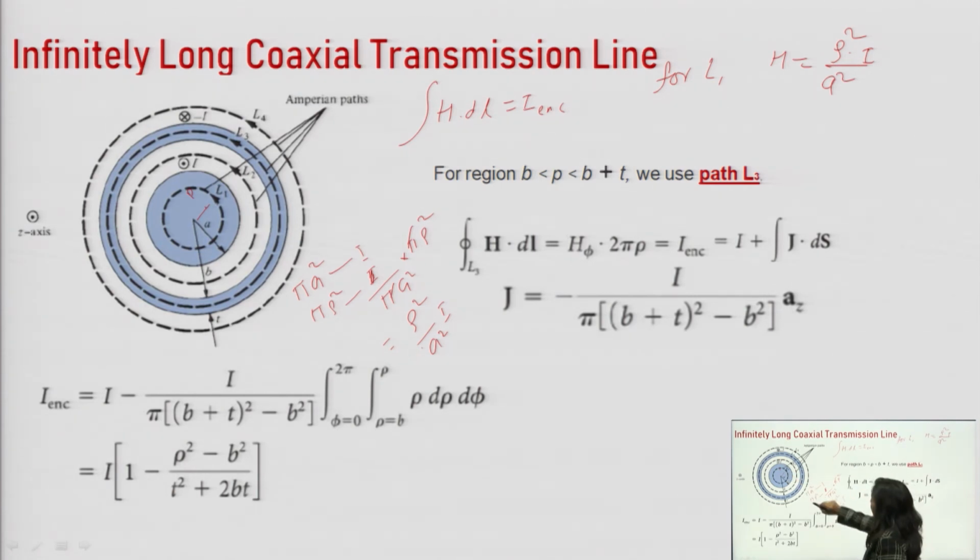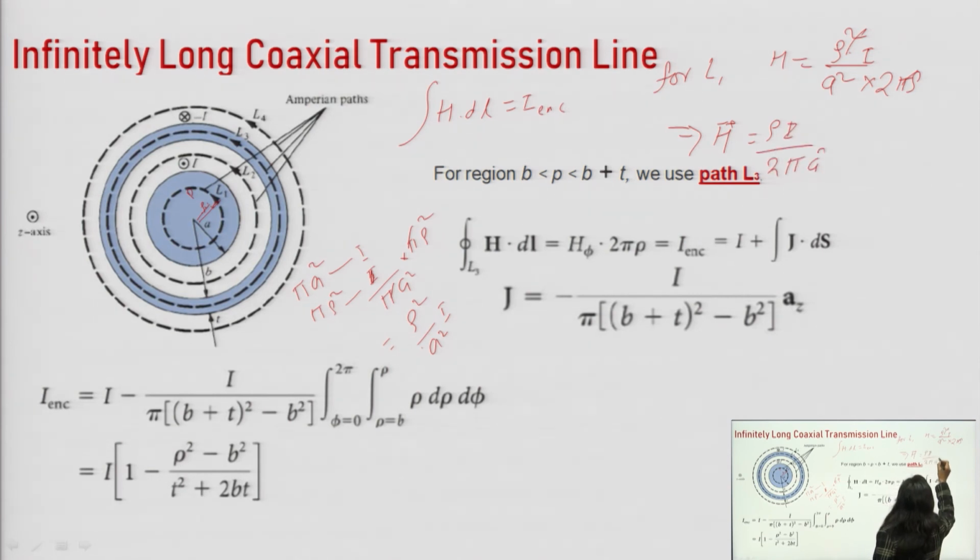Now dl for this will be 2 pi rho, the length of L1 at this radius rho. So we write here 2 pi rho. One rho will cancel out, and finally we will get the value of H as rho I by 2 pi a square.